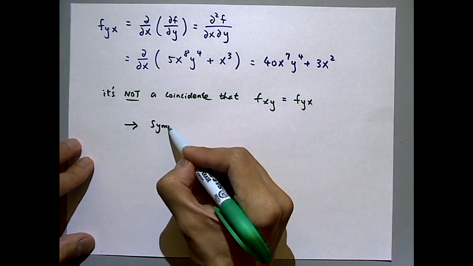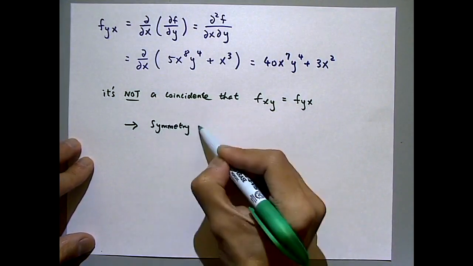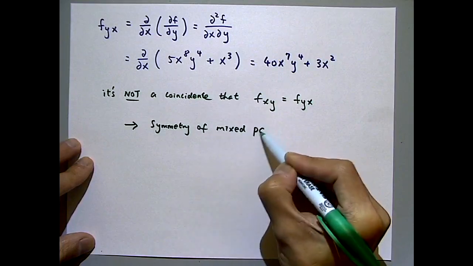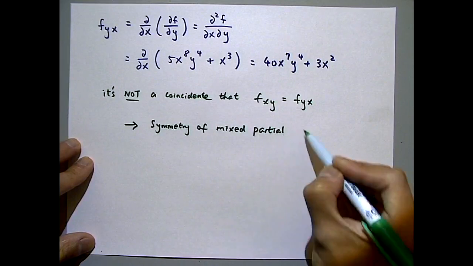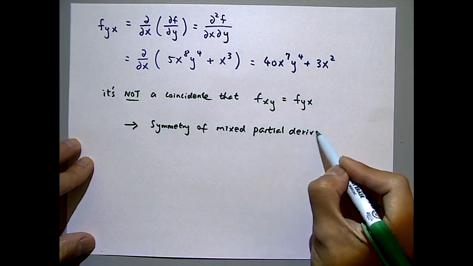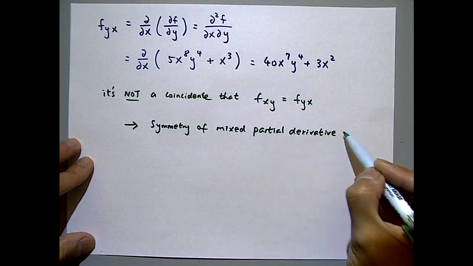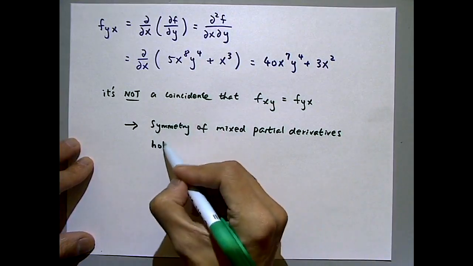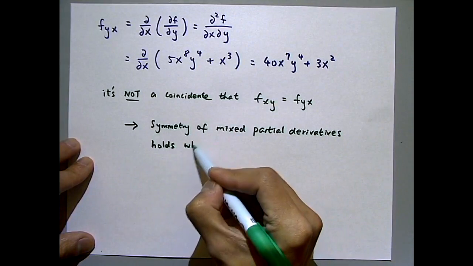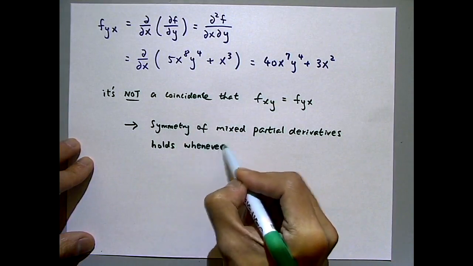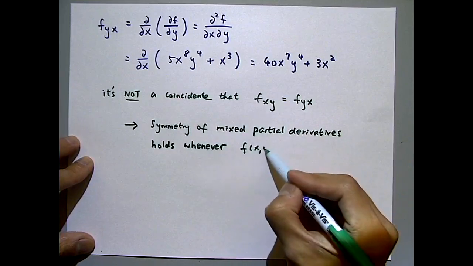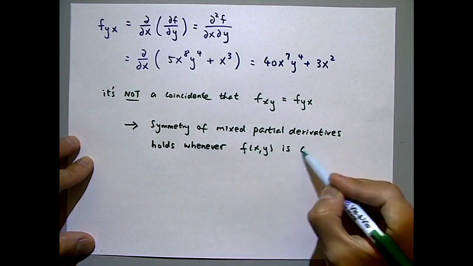This is called the symmetry of mixed partial derivatives. And this symmetry holds whenever the function is continuous.